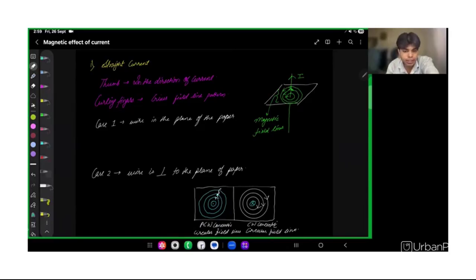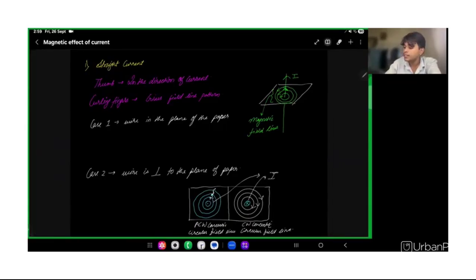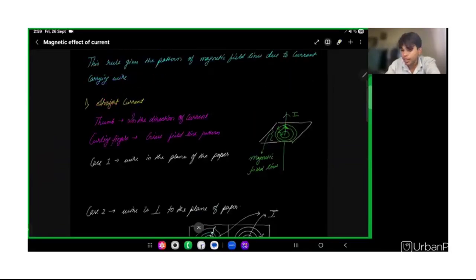Very easy, right? And these are the directions of current I. Now moving to the next part, where the current is circular instead of straight.